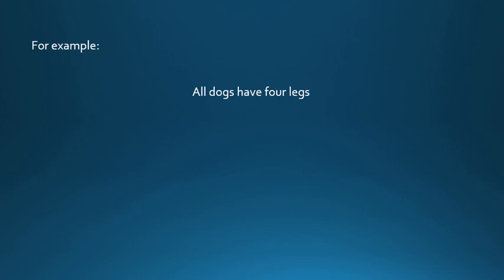Some of you may have such a dog, or I can probably go online and search for a picture of a dog that doesn't have 4 legs. So I think it's reasonable to assume that not all dogs have 4 legs. Therefore, this quantified statement here is false.